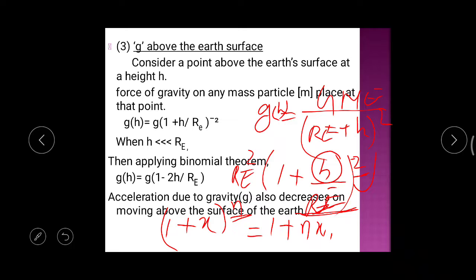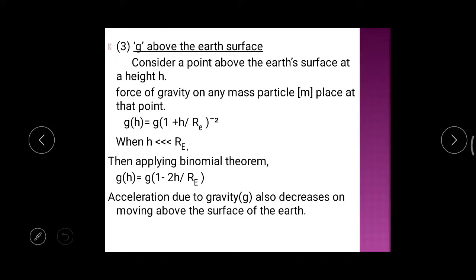Now you have to take the ratio between g of h and g. Then you will get the relation like this: g of h is g into M_E divided by (1 + h by R_E) all raised to minus 2. If division is there, then minus 2 will be there, all square into R_E square.